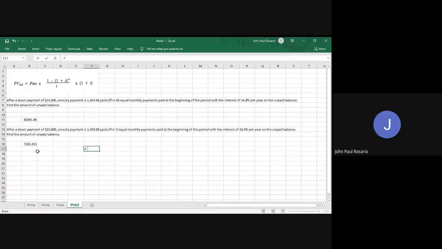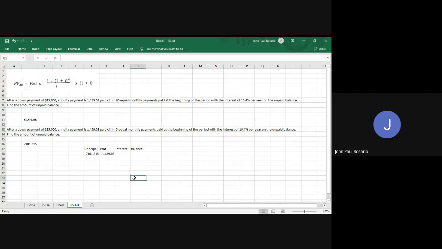Now the balance. So the balance at the beginning is 7101.315, and the payment is 1459.08.